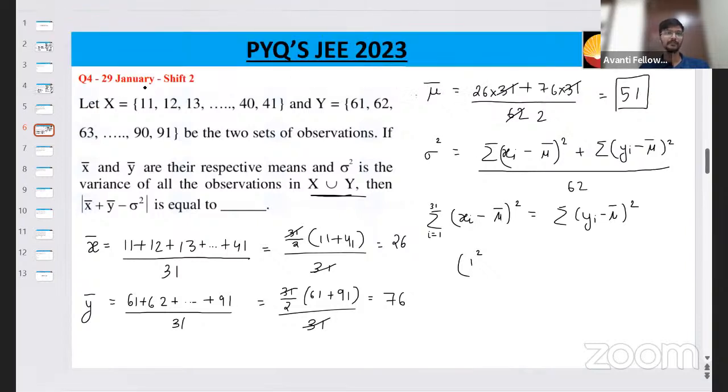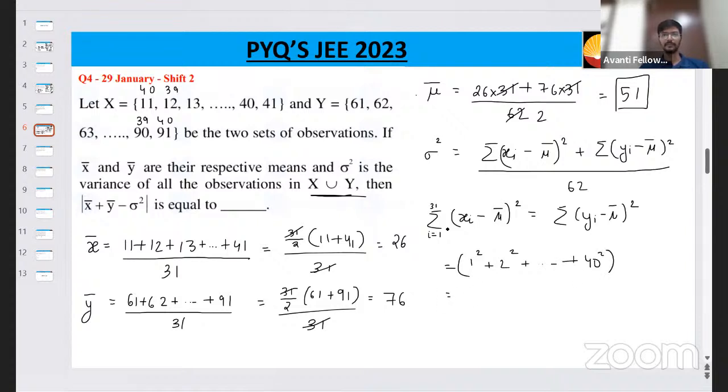Please check. 51 minus 11, 40. 51 minus 91, 40. This is 39, this is 39. 51 minus 11, 40. 90 minus 51, 39. Correct. Right? So it will be 1 square plus 2 square plus up to 40 square.